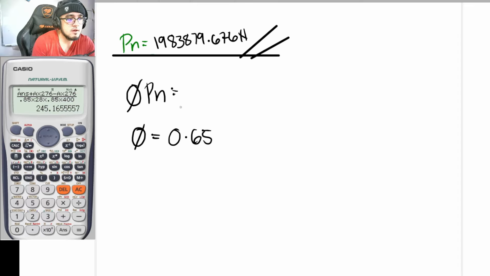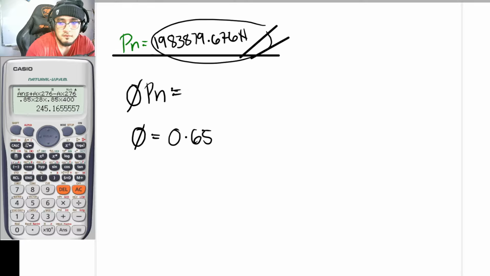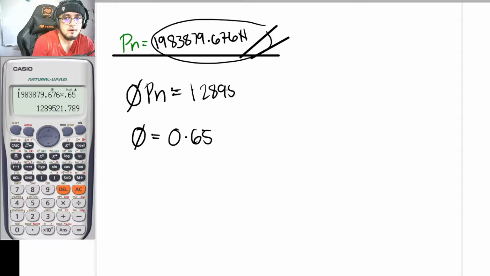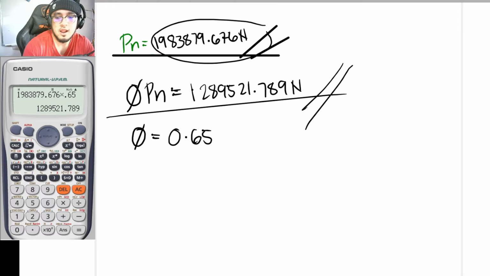So phi Pn is now equal to 1983879.676 times 0.65. So our design strength is 1289521.789 newtons. This is our final answer.